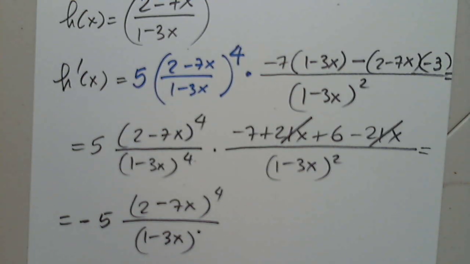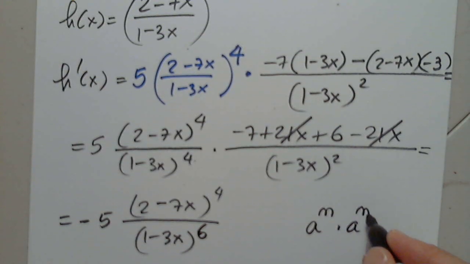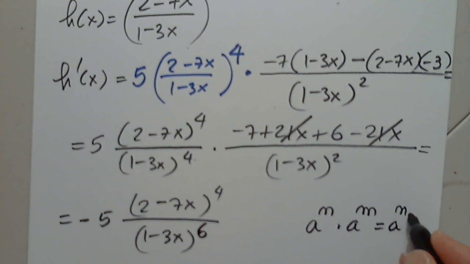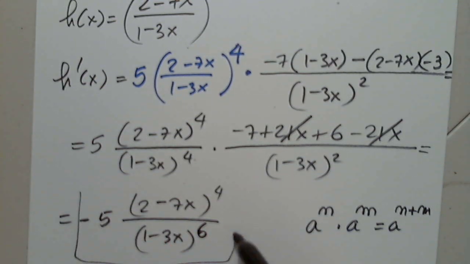Careful. We have power 4 and we have power 2. 6. Yes. A to the nth times a to the mth is a to the n plus m. A lot of work, a lot of algebra.